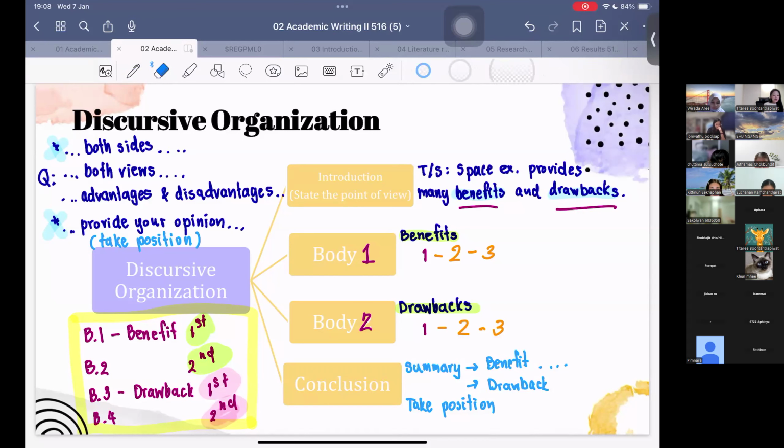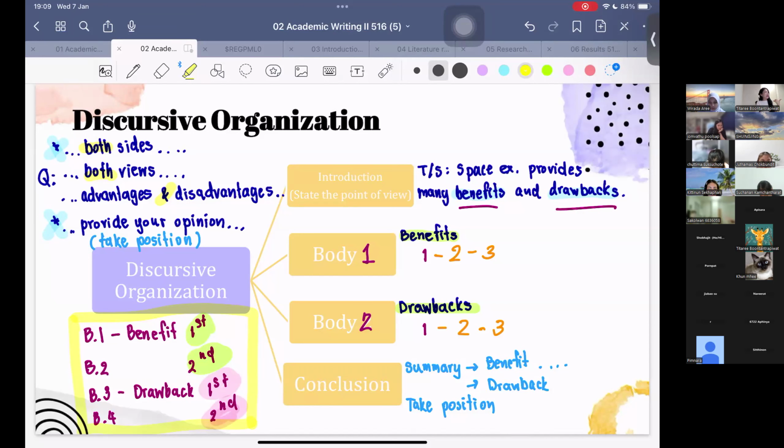The keyword is both, and. Your requirement is that you need to do both things, so you need to follow the requirement. You need to write both sides, both views, or discuss the advantages and disadvantages of that.